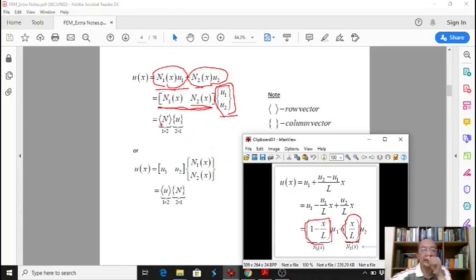So u of x is equal to N u, the shape function times the nodal displacement.